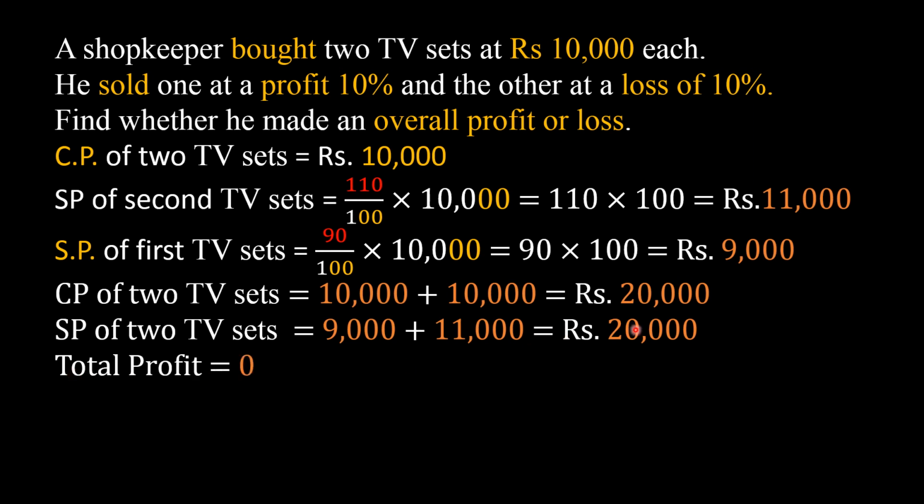Since both cost price and selling price are same, the shopkeeper will not make any profit. His total profit will be 0 and he will make 0% total profit.